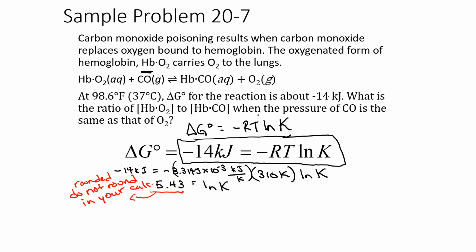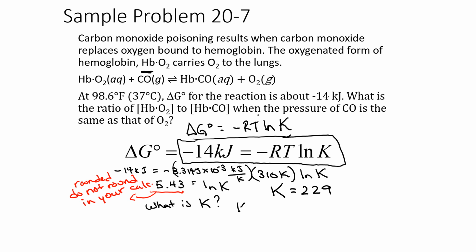So do not round that in your own calculator. I just rounded it because I don't want to write out every single number that was given to me. Just keep it in your calculator, and you can round things at the very end of your problem, but never round before that. So if I take e to both sides, then I'm going to get that K is equal to 229.